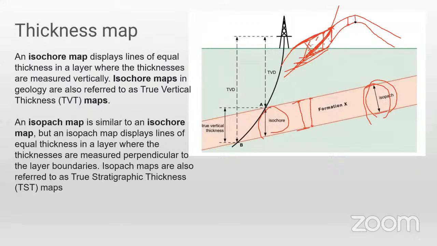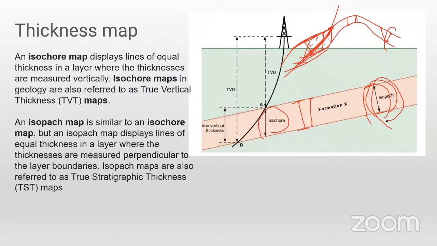In the crest of the anticline, the true vertical thickness is equal to the true stratigraphic thickness because both are the same. But in this area, the true vertical thickness is higher than the true stratigraphic thickness. So the isopack is more important for us than the isocore.